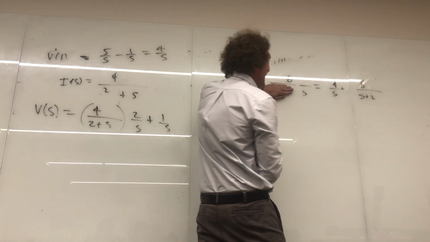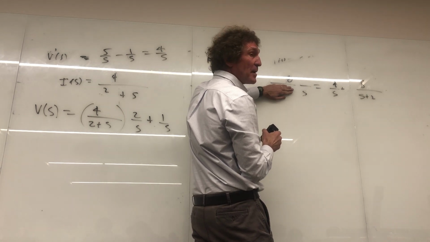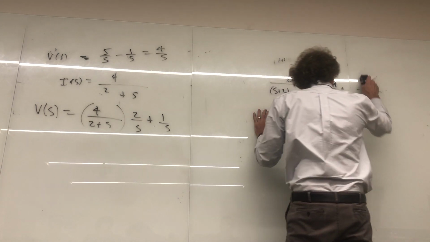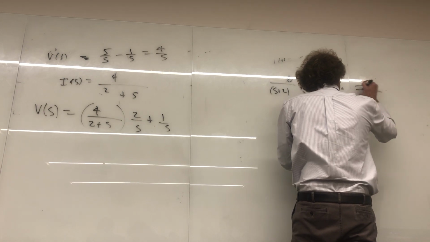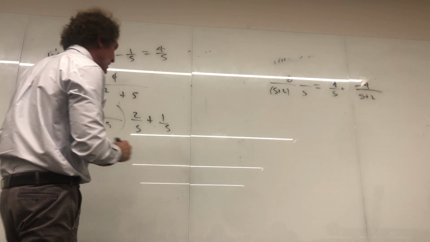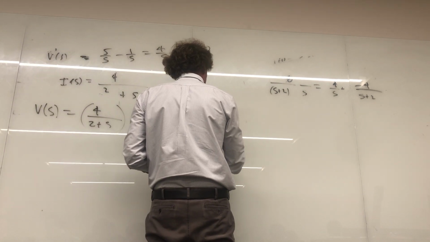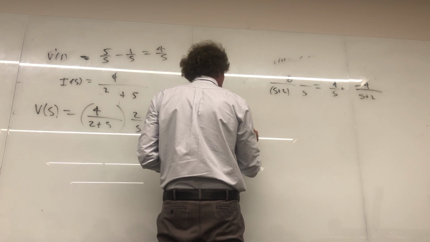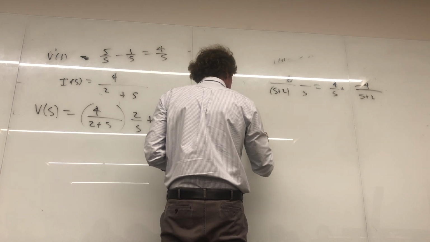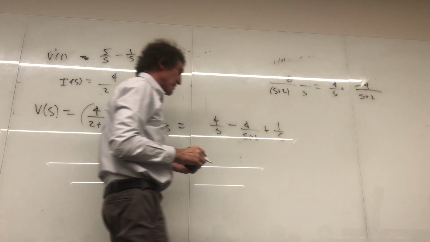Cover this up, let S equal minus 2, it's minus 4. I'm just making sure everybody sees this. Now I'm going to rewrite this. So this is equal to 4 over S minus 4 over S plus 2 plus 1 over S.